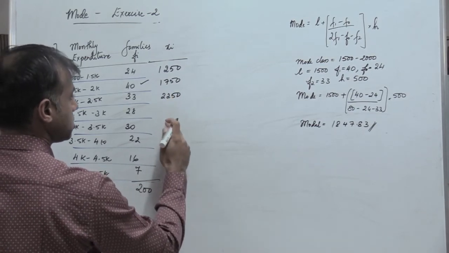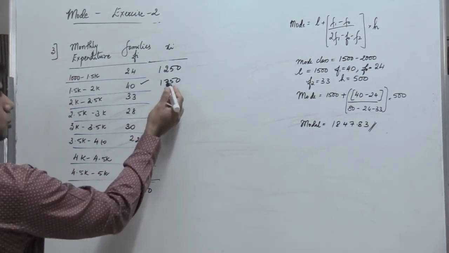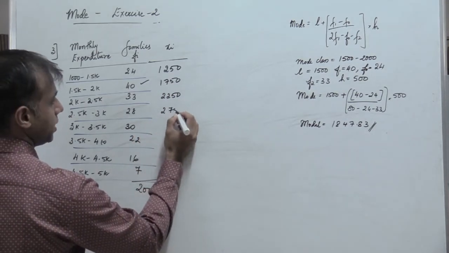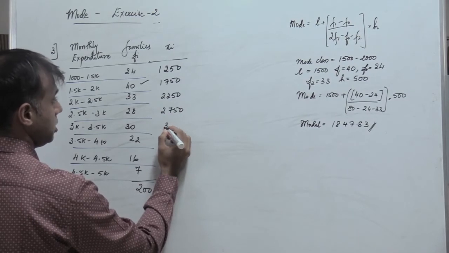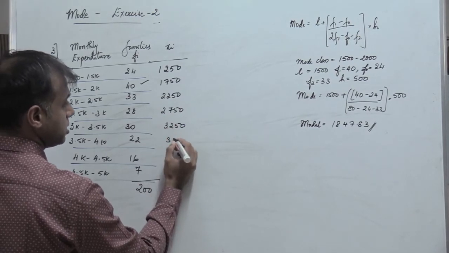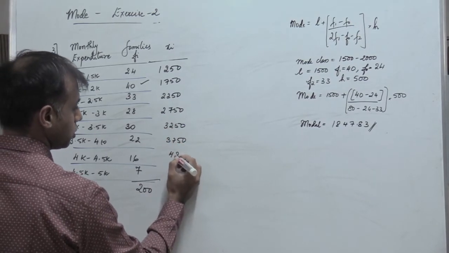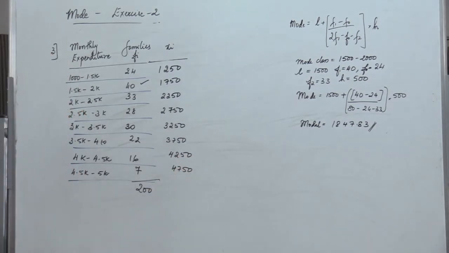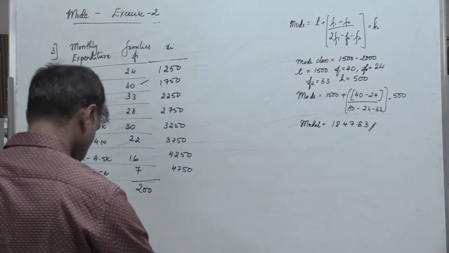To get the next value of xi, we only need to add 500. So this is 2750, then 3250, 3750, 4250 and 4750. So we have found all the mid values of the intervals.